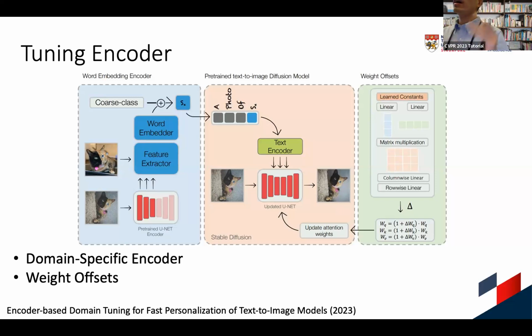It has an assumption: you have certain categories, then you learn domain-specific encoders, and then you use the encoders to find the final prompt you want. It also learns weight offsets, which is another way to prevent overfitting. Instead of tuning the whole weights, you just find the weight offsets. That's also a clever way to do it.